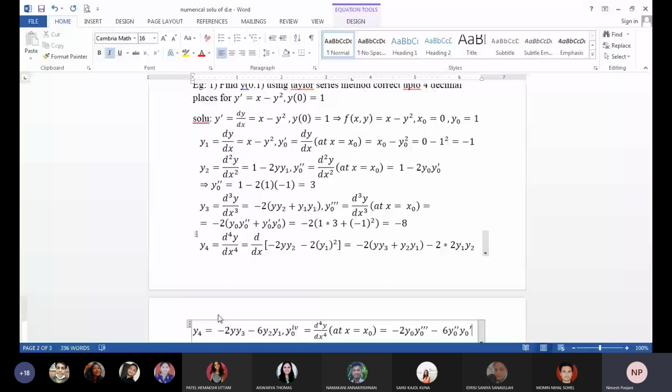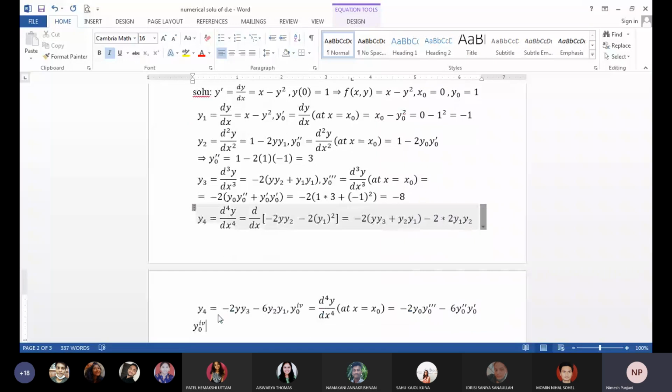Because we are getting -2y into y3 -6 y2 into y1. So the fourth order derivative of y when x is equal to x0 is y0 raised to 4, you can say.